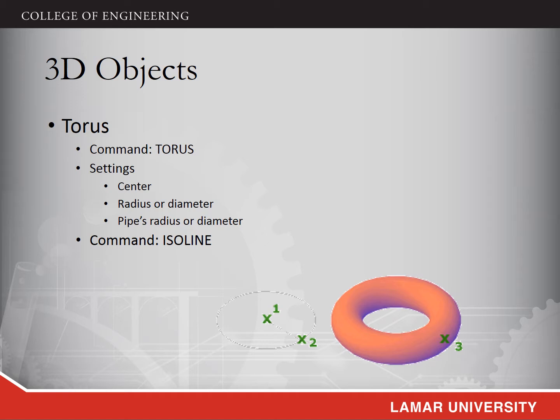At the last step, you just need to specify the radius or the diameter of the pipe. So we have 1, 2, and 3 steps to complete the torus. And if you are under the 2D wireframe style, you have to carefully define the number of lines. So you need to go to the ISO lines so that you will have a more realistic view of the torus under the 2D wireframe style.